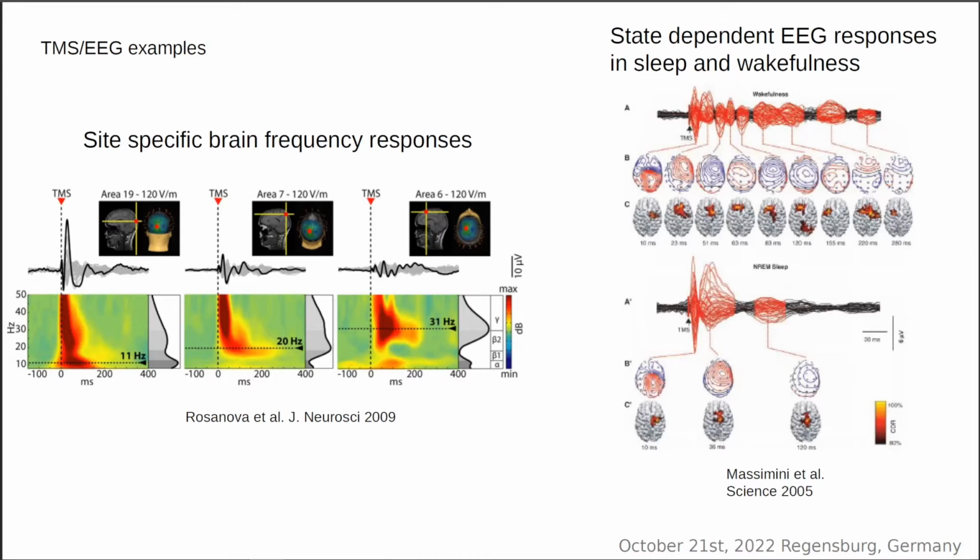It doesn't mean that the area that is blobbing with fMRI is actually the best for TMS stimulation.